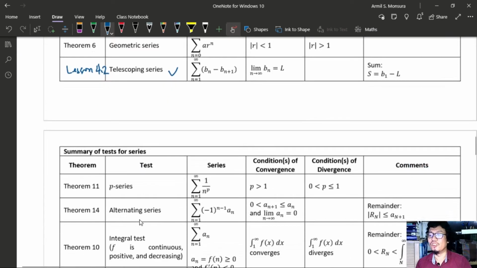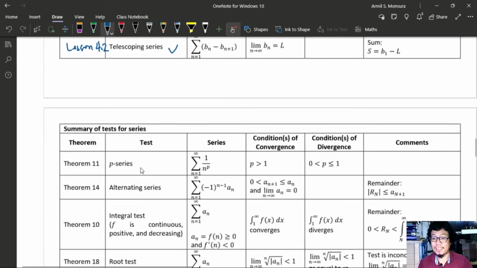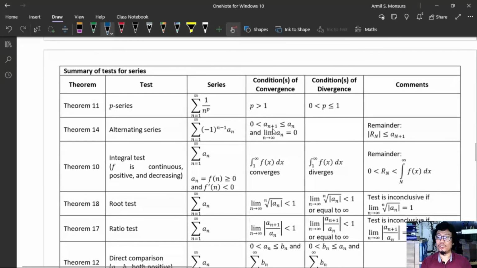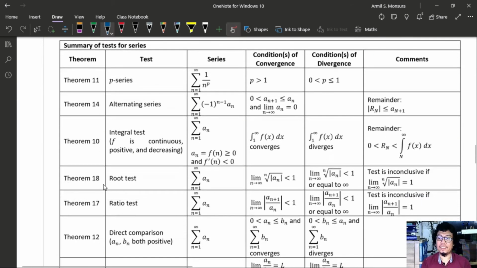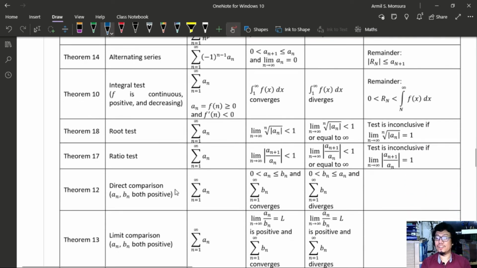Next we have the p-series, with its requirements or conditions. We have the alternating series under theorem 14, the integral test under theorem 10, the root test and the ratio test under theorems 18 and 17 respectively, and the direct comparison and the limit comparison under theorems 12 and 13.